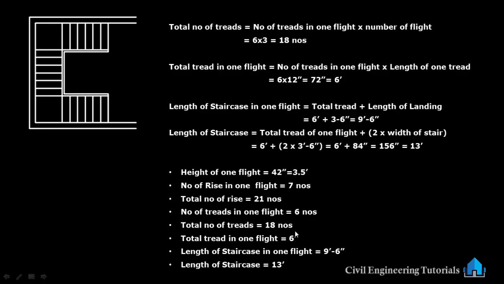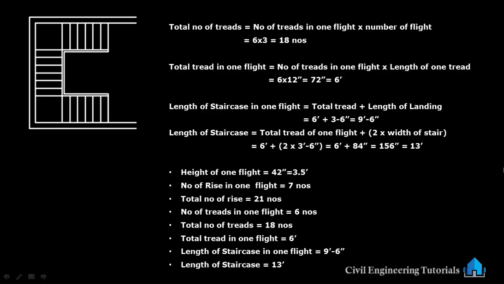And the length of staircase, this side, is 13 feet. So one total tread of one flight plus 2 landings, 2 staircase widths, makes this staircase length of 13 feet.